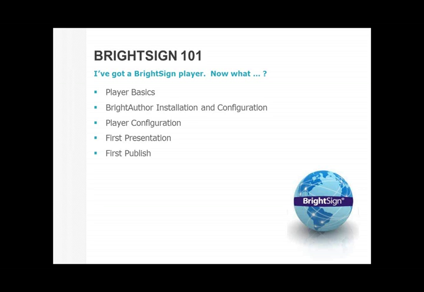We'll talk about installing the BrightAuthor application and configuring that application for first use. We'll talk about configuring a player for first use. Then we'll talk about putting together your first presentation and how to publish that first presentation out to BrightSign players. So those are our topics today. And we'll begin now with player basics.